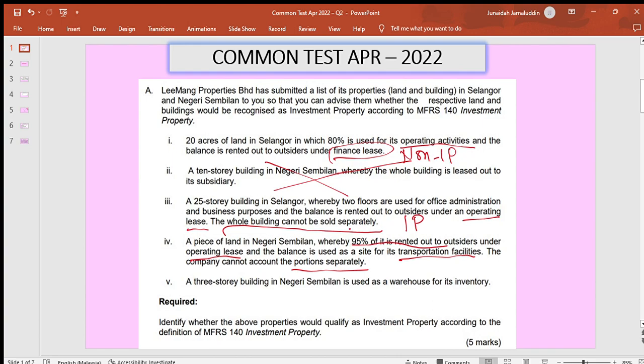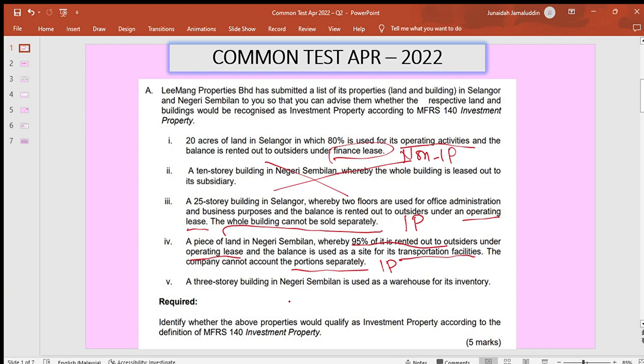Since the portion rented out under operating lease is significant, we can conclude that this land is an investment property. So this land is qualified as an IP. So we can just write IP here, right?